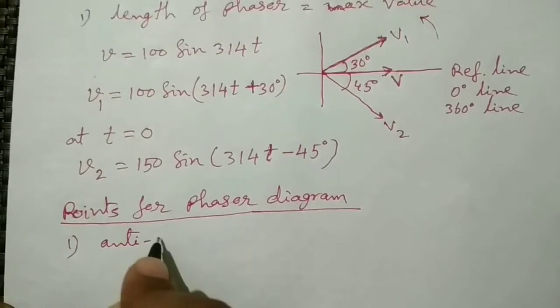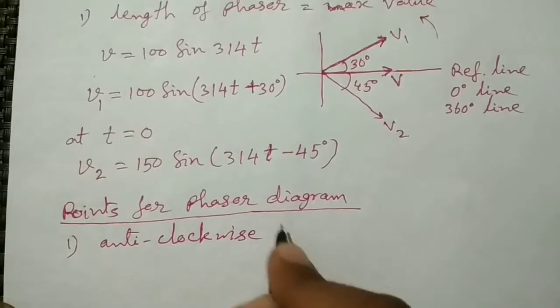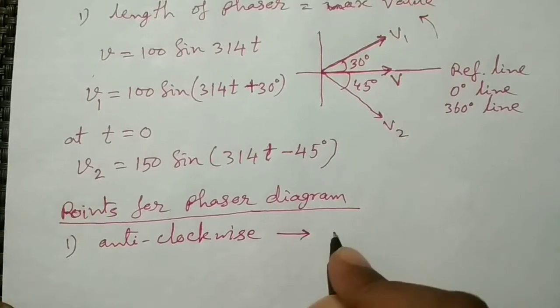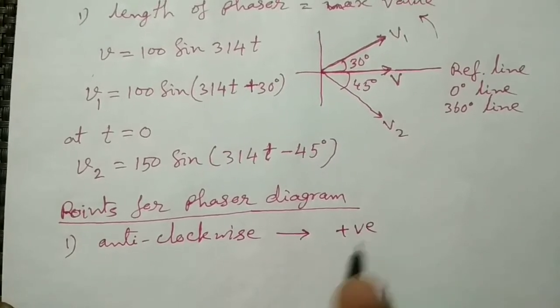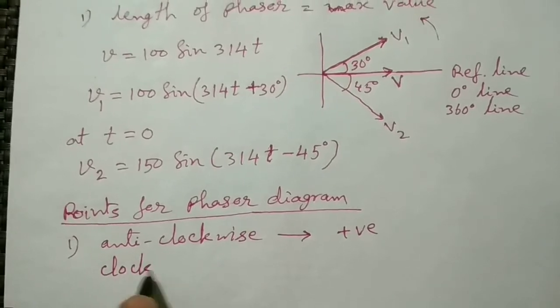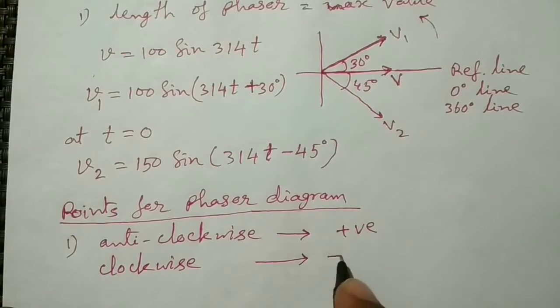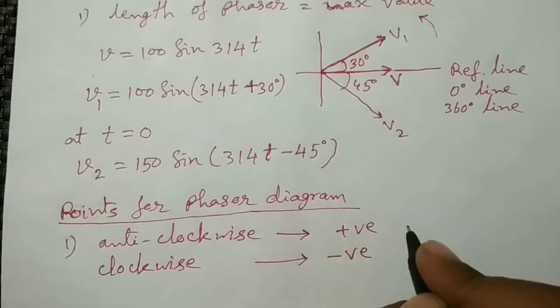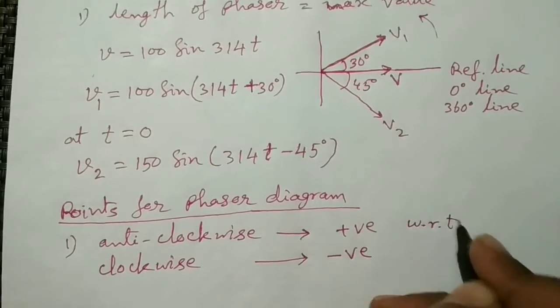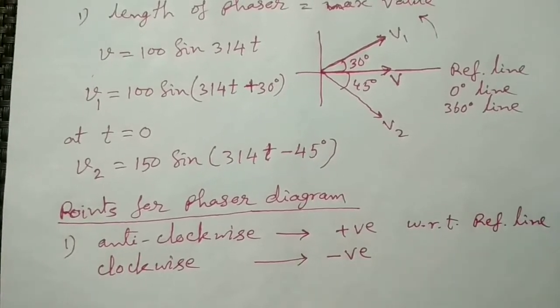So anti-clockwise direction is taken as positive. Similarly, clockwise direction is taken as negative. The positive means with respect to the reference line, that is the 0 degree line.